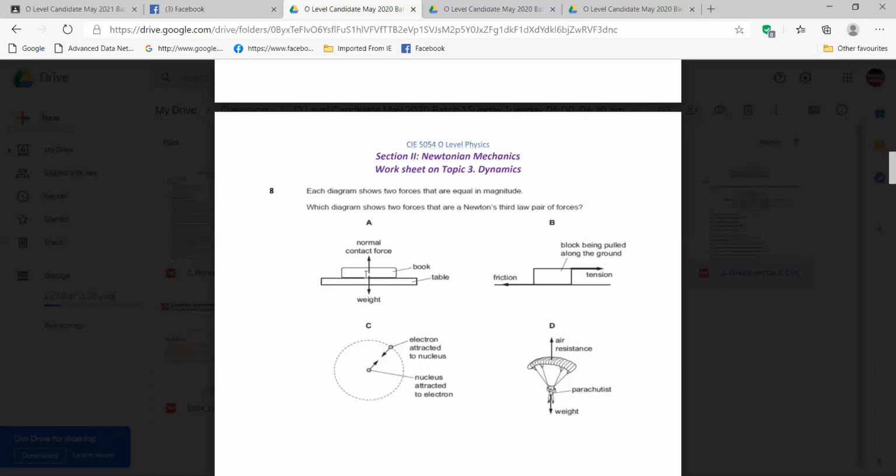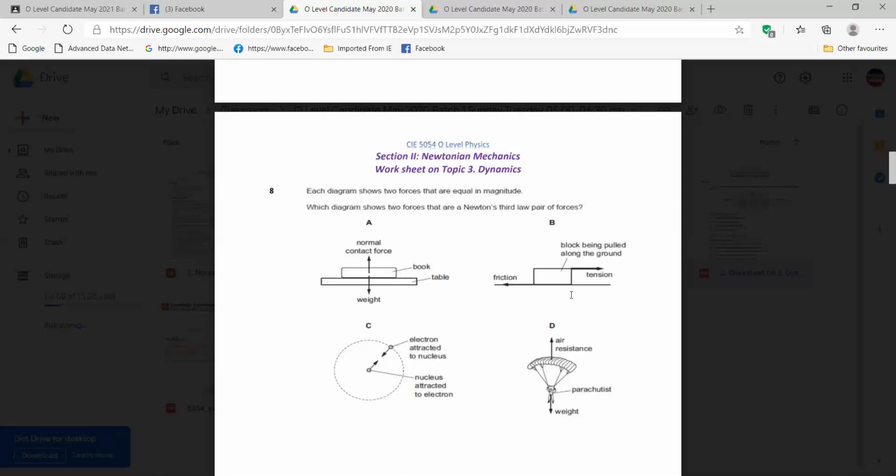But see, the electron is attracted to the nucleus and the nucleus is attracted to the electron. So here two things, one is the nucleus, another is the electron. So I think this one will be more appropriate.